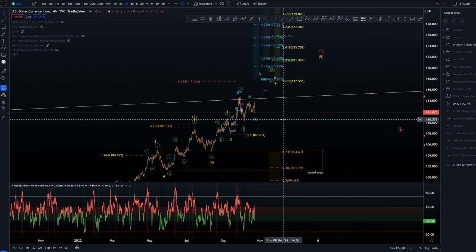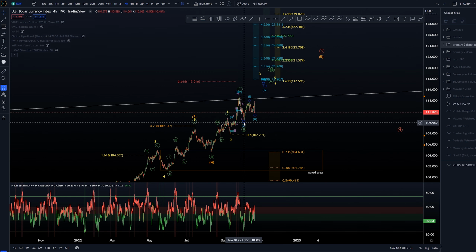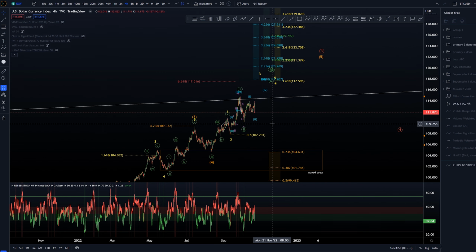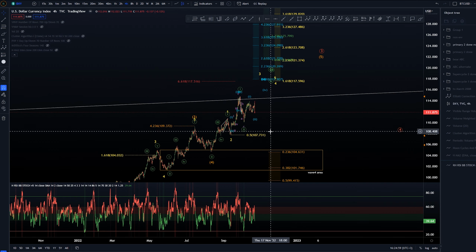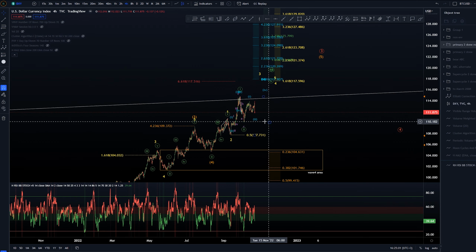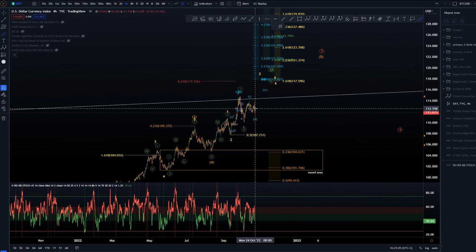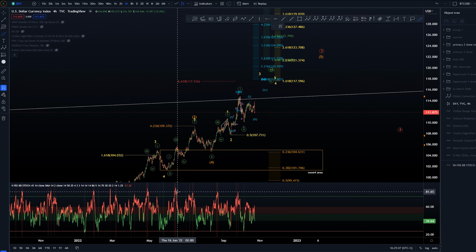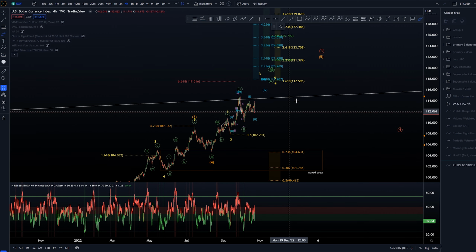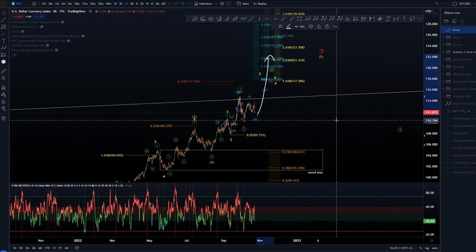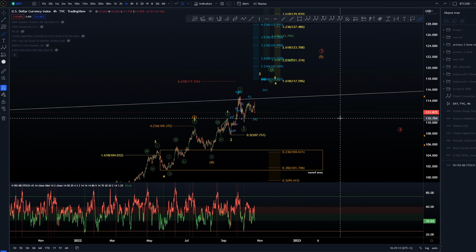Of course, there is nothing for sure, and if we are taking out these lows here, then it's all something else, and we need to be relabeling this. But the expectation is higher, with the most RSI momentum on smaller time frames to be had for quite some time, as this would expand higher. But I feel like that is pretty much all the expectations I have at the moment for DXY.